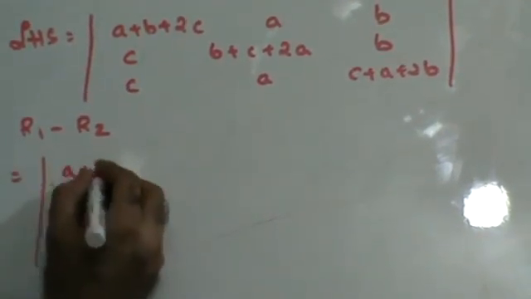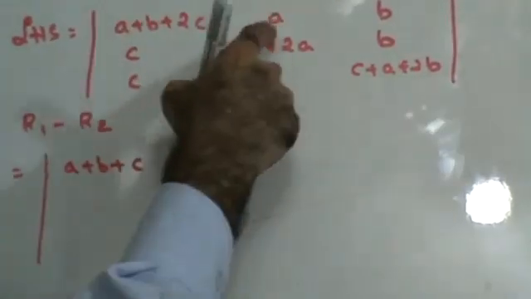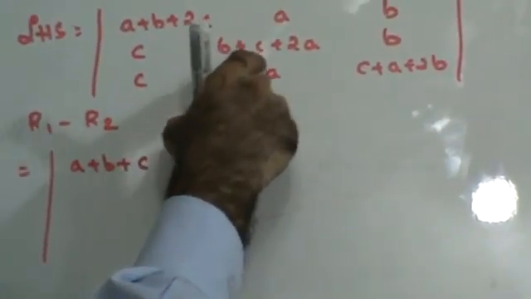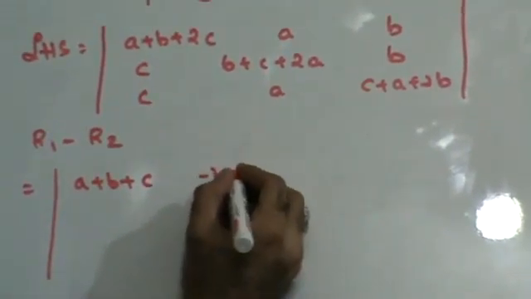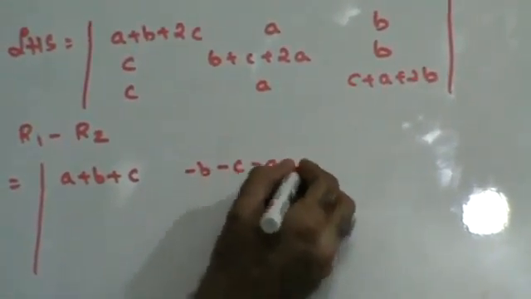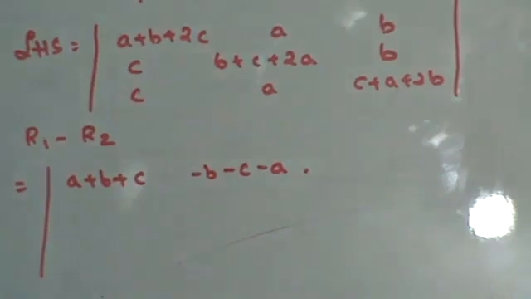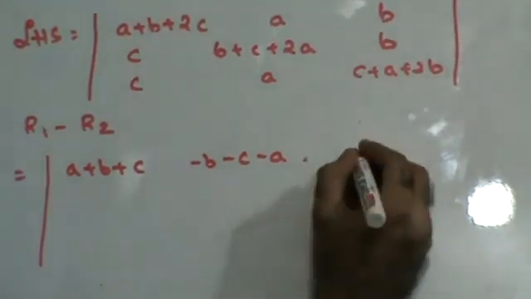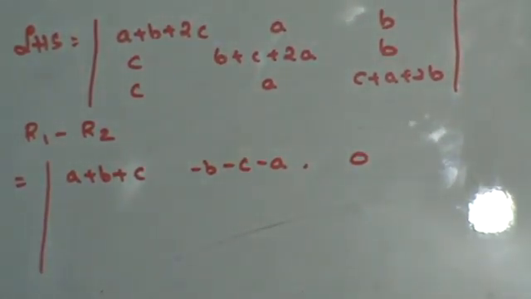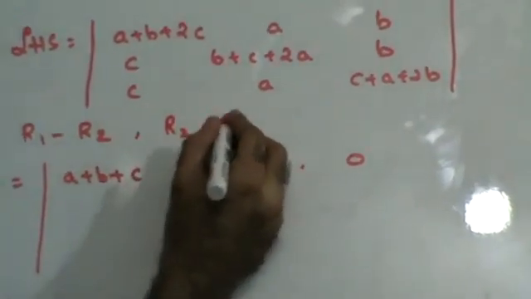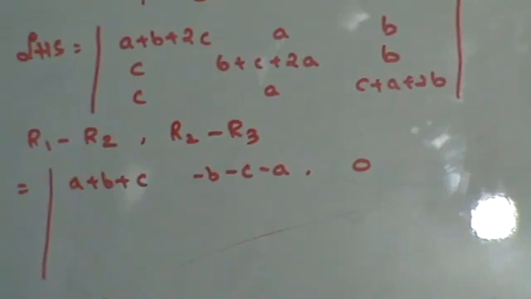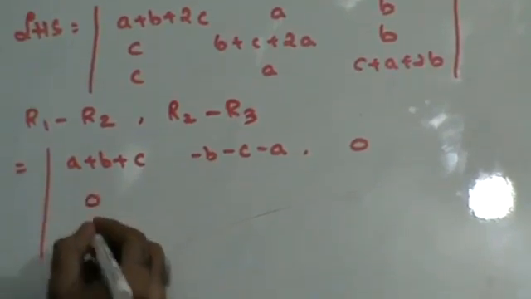That will give you a plus b plus c. a minus b minus c minus 2a, that will become minus b minus c minus a, because plus a minus 2a will give you minus a. And b minus b, 0. I got one 0.